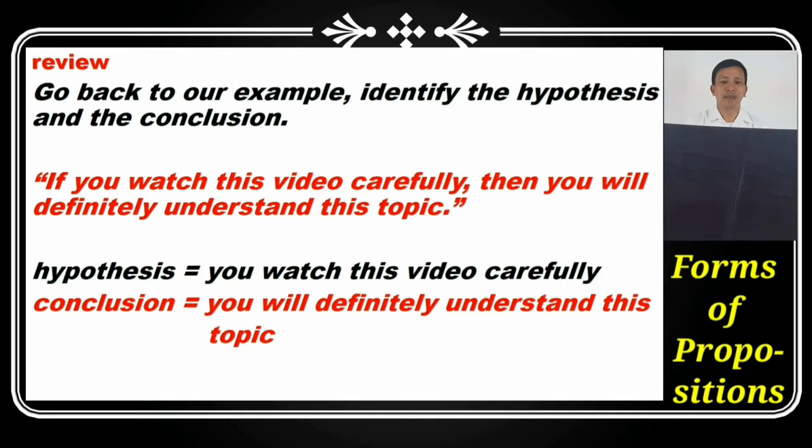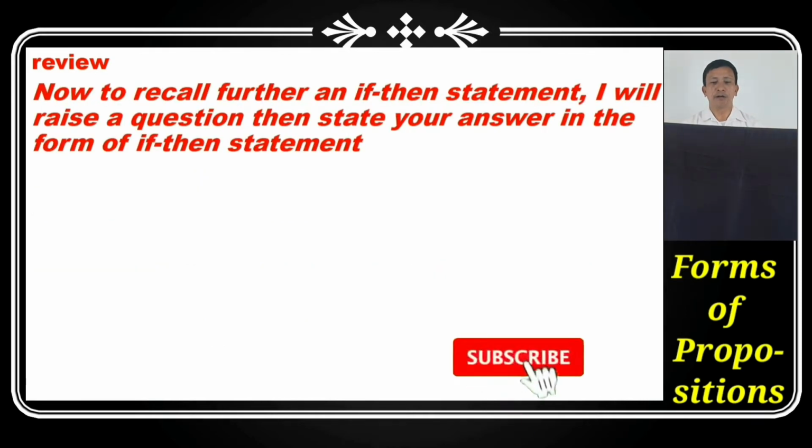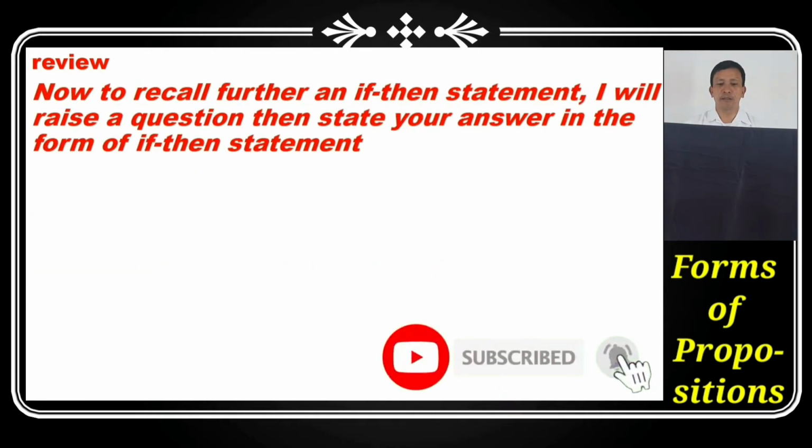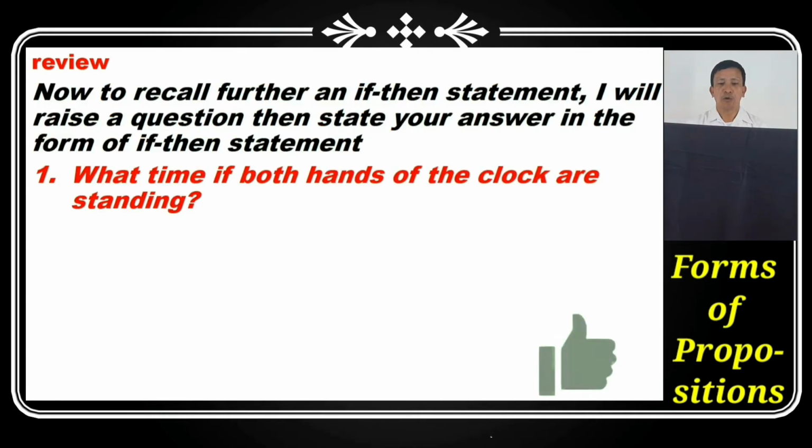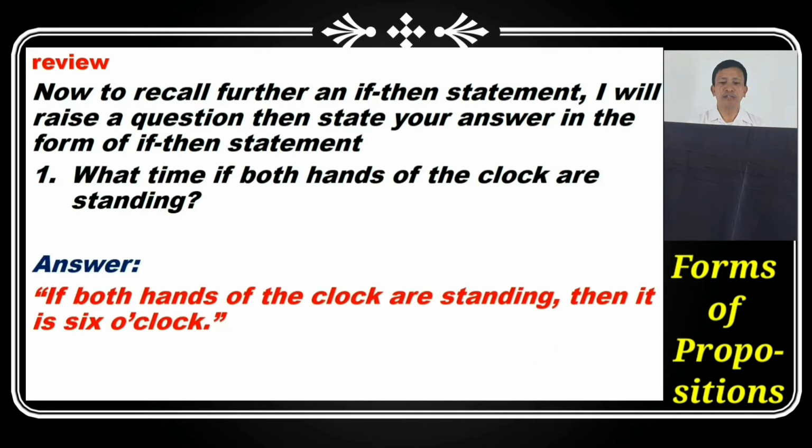Thank you. Now, to recall further an if-then statement, I will raise a question, then state your answer in an if-then statement. Clear? Number 1. What time is it if both hands of the clock are standing? Bobette? If both hands of the clock are standing, then it is 6 o'clock.